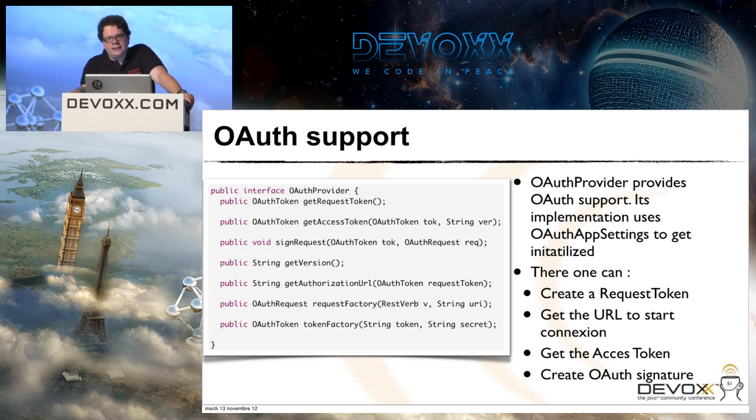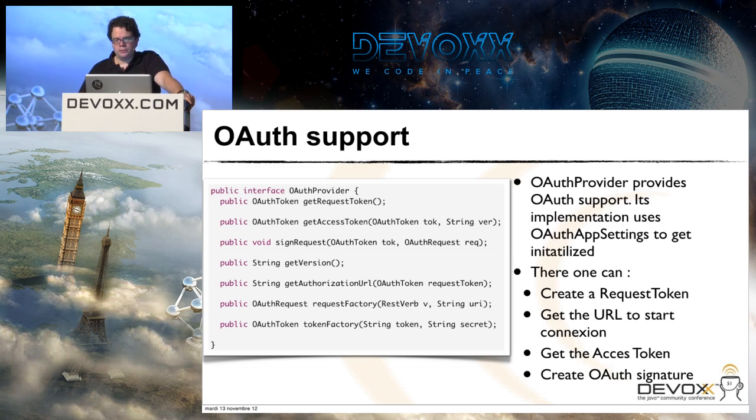So, as I said, all the OAuth support is mainly done through the OAuth provider. OAuth provider uses today the Scribe JavaScript framework, and it uses it to deal with all the low-level basic OAuth operations around tokens, around generating the base request object, and about signing OAuth requests.